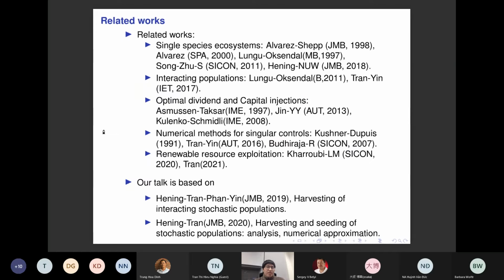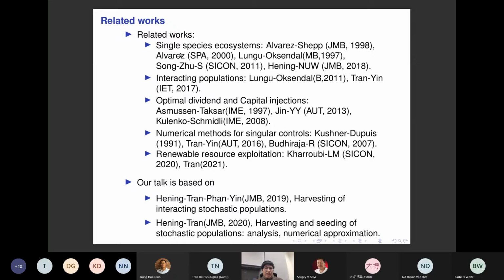Okay, so we mention some related works. Of course, the control problems we are working on are just a special case of some other control problems. But we focus on biological systems, and we try to understand the biological interpretations of the results.